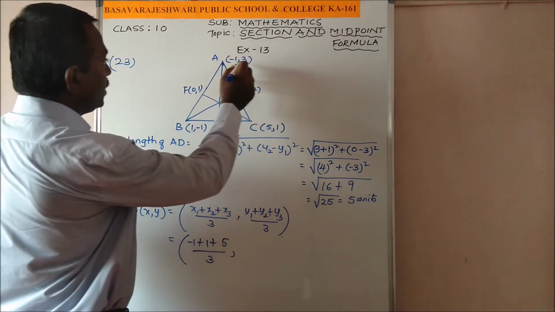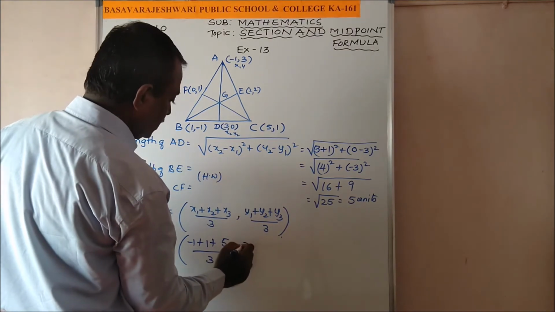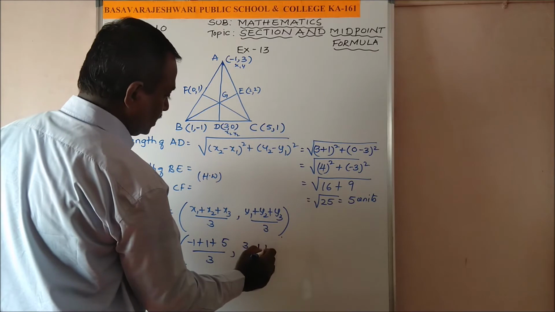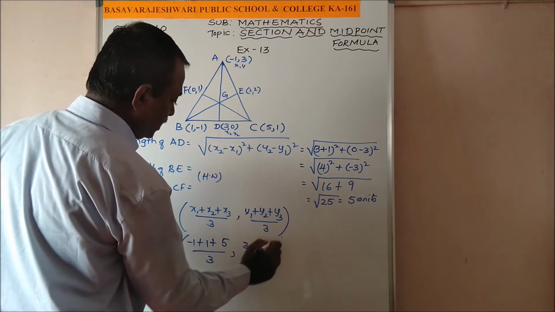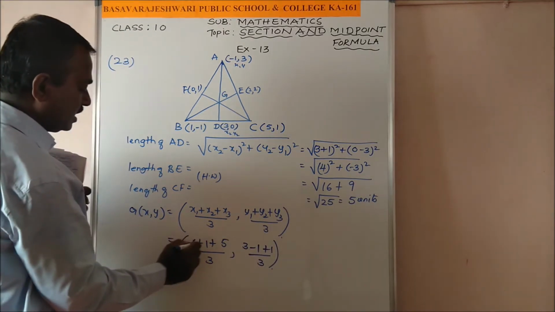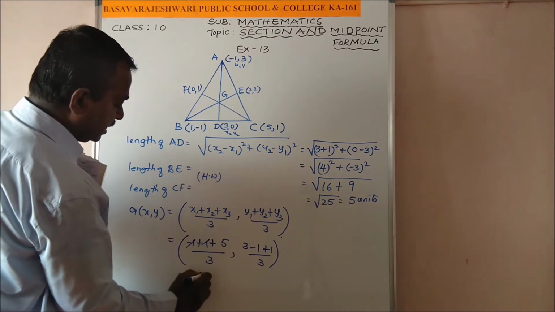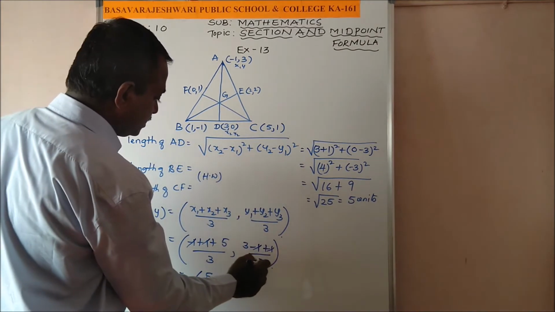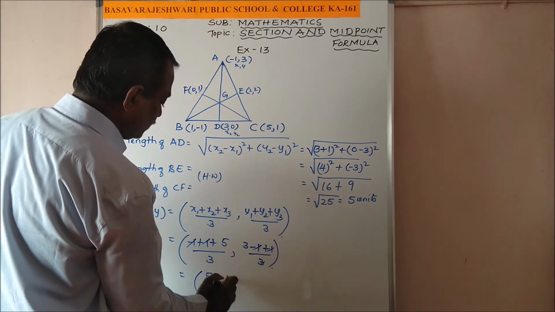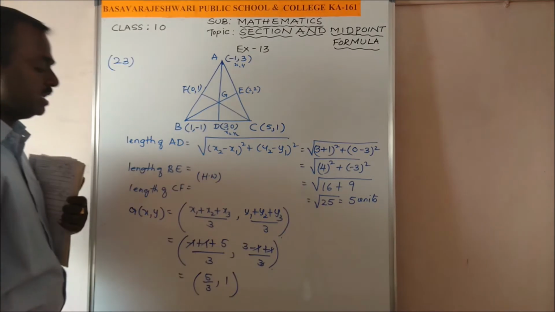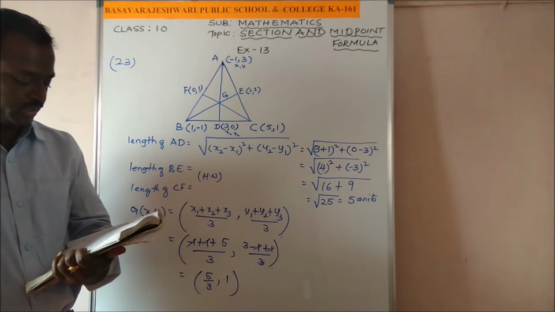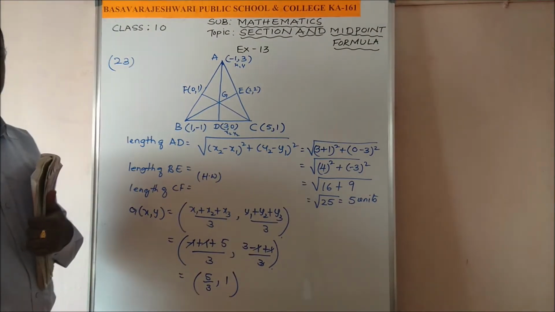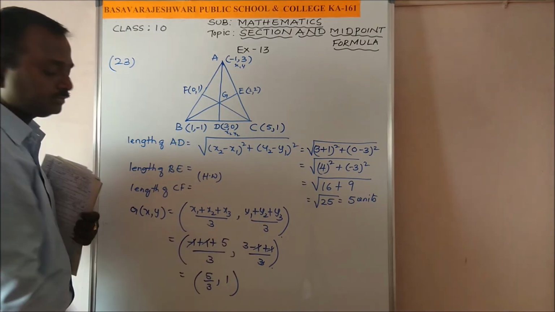Next, y1 is 3 plus y2 is minus 1 plus y3 is 1 by 3. So what happens here? Minus 1 plus 1 cancels, 5 by 3. Comma, here 3 minus 1 plus 1 is 3, so 3 by 3. So (5 by 3, 1) is the centroid point. Correct? 3 by 3 is 1.